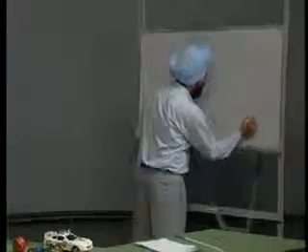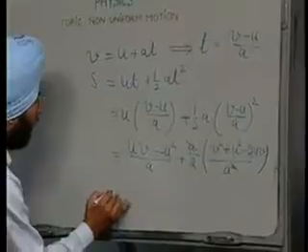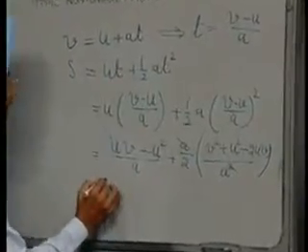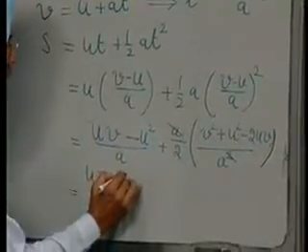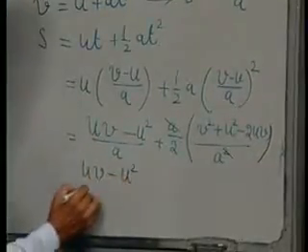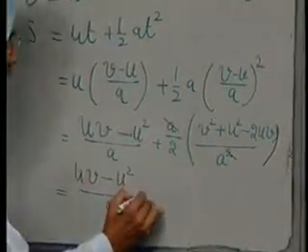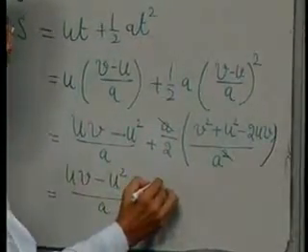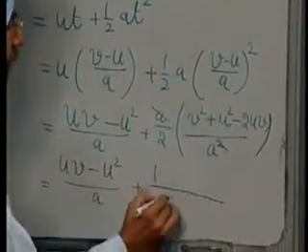Here a square gets cancelled with this a. So, what we are left with is u v minus u square over a plus 1 over 2 a.